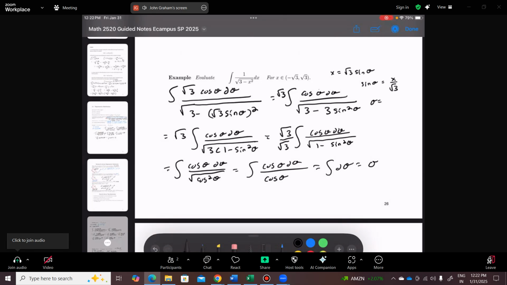Theta equals inverse sine of x over square root of 3. So we can write theta then as inverse sine of x over square root of 3 plus c. All right, a couple more problems.